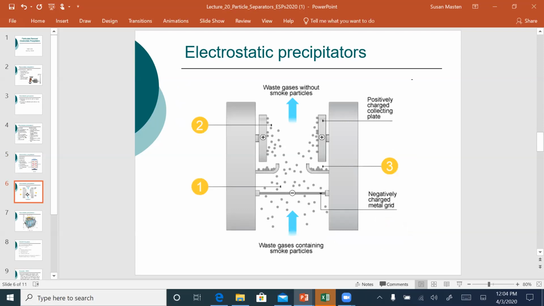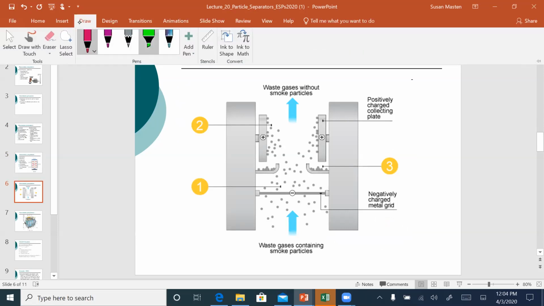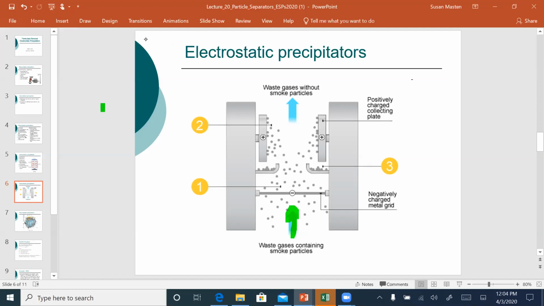In this case, you've got gases that are moving through this channel. You've got a positively charged collecting plate. You can see here, you've got a negatively charged electrode that's across the center.